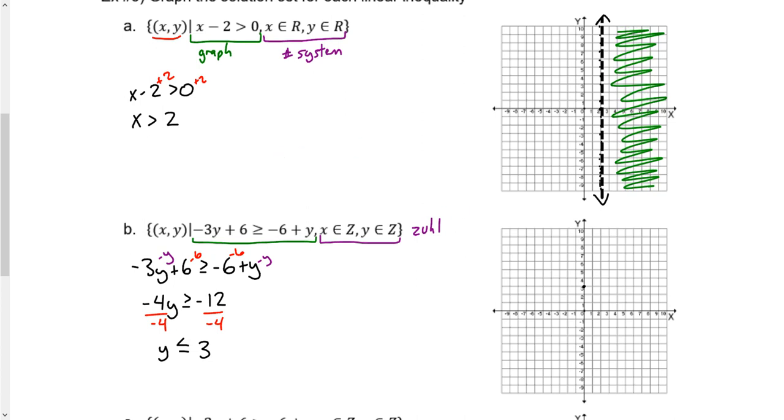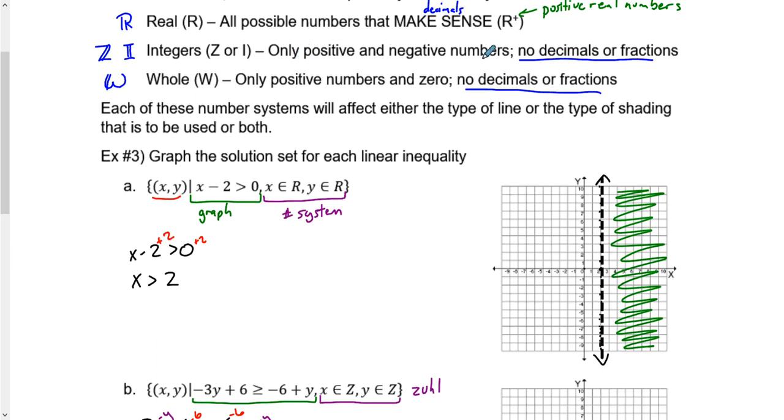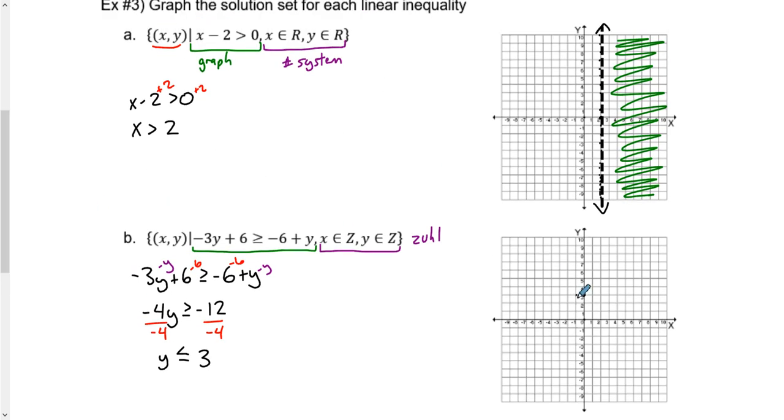I'm not sure I have the spelling right. Anyways, okay, so integers means positive and negative numbers, but no decimals or fractions, which means the only ones that we can actually have here are anything that would be an intersection.